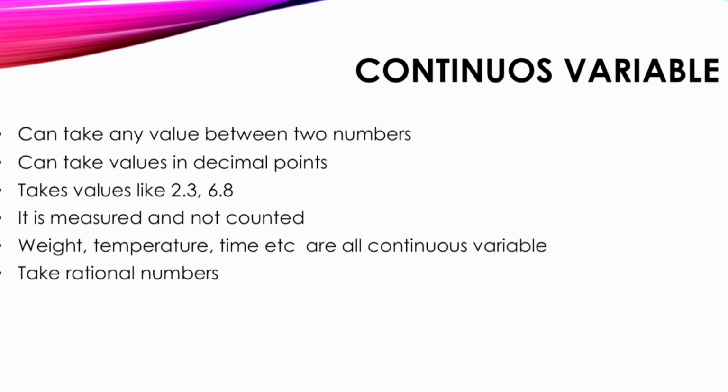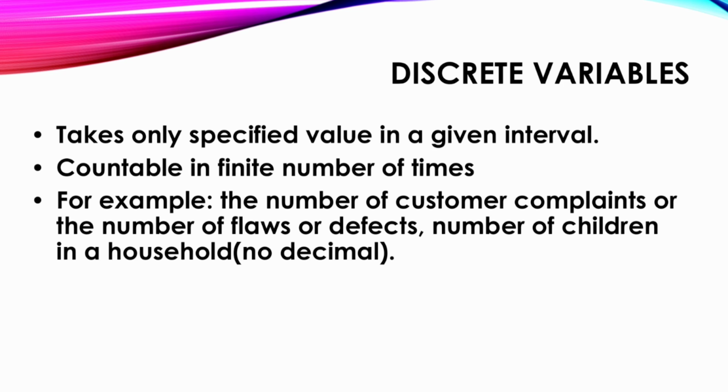These are all continuous variables because we know they do not only have whole numbers, there are chances of fractions, and continuous variables also take rational numbers. When we are talking about continuous variables, we already know what the next variable is going to be. That is the discrete variable. Unlike a continuous variable, a discrete variable only takes specified values in a given interval.